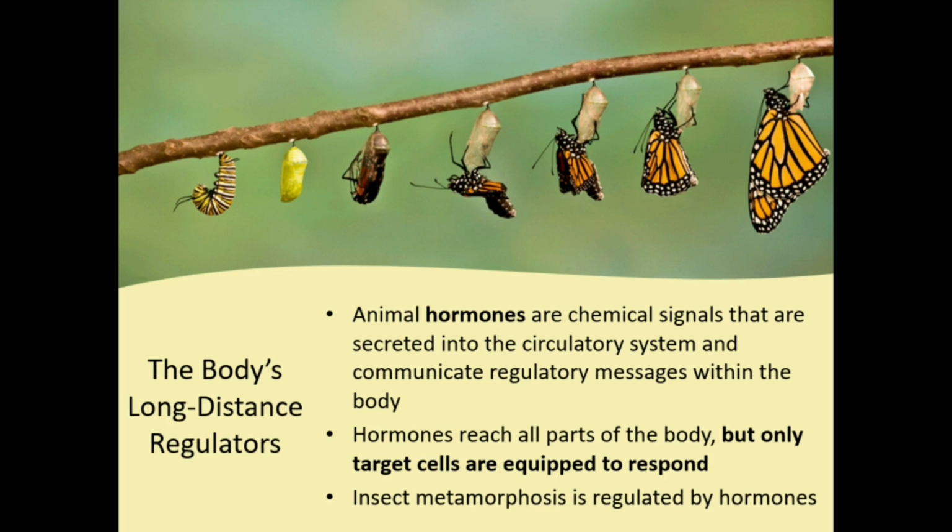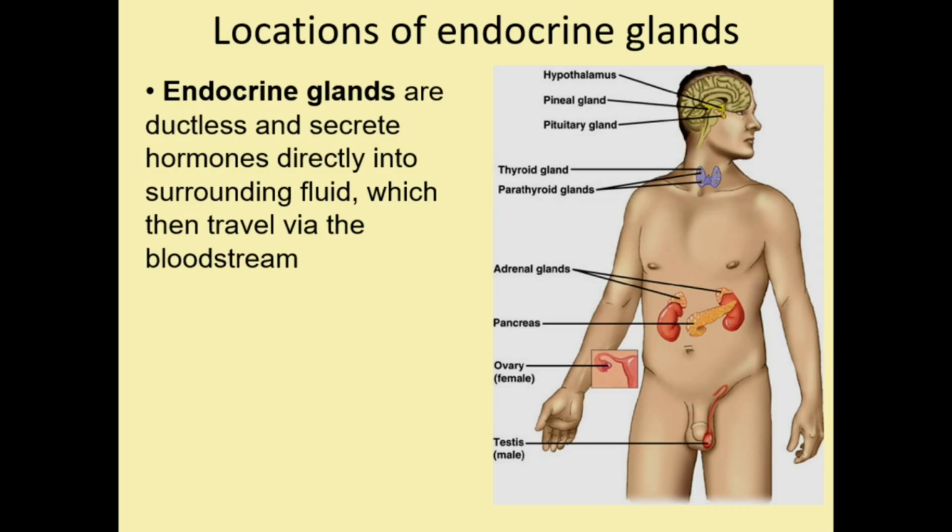So hormones are very, very powerful, and they are secreted around the entire body, but only specific target cells will react. That will be because they have specific receptors. When looking at endocrine glands, we see that they are typically ductless and they secrete hormones directly into the surrounding fluid, such as the interstitial fluid. They then move into the bloodstream where they are delivered around the body.